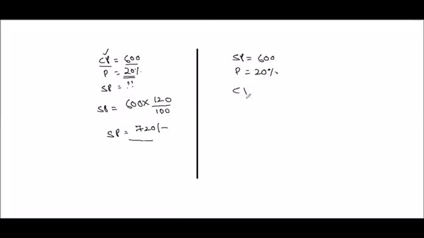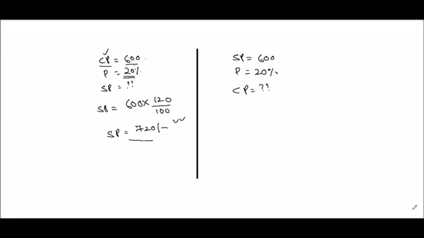What should be the cost price in this transaction? Now you see a little change in this one. Previously, the cost price was 600 and profit is 20%. Always profit should be calculated on the cost price.